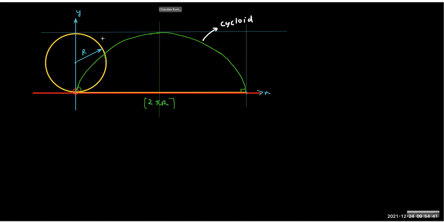So look at the subsequent motion. What we are going to do is draw the subsequent motion of the ring. After some time, it is quite possible that the point on the perimeter has come here. That's it.